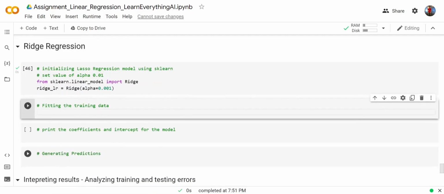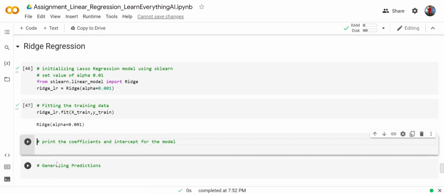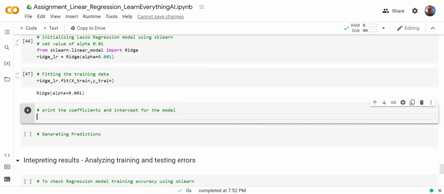So now we'll fit the training data. So ridge_lr.fit, now we'll print the coefficients. So ridge_lr.coef_, ridge_lr.intercept_.